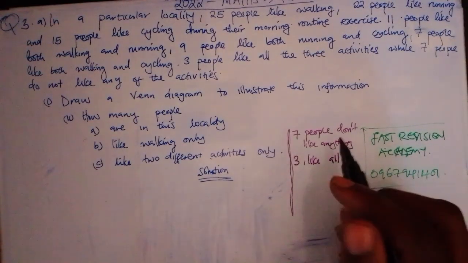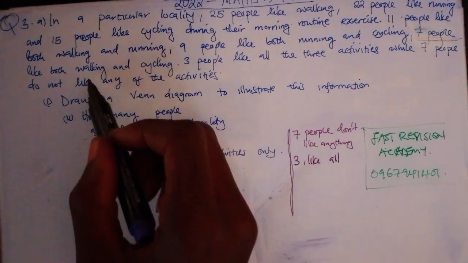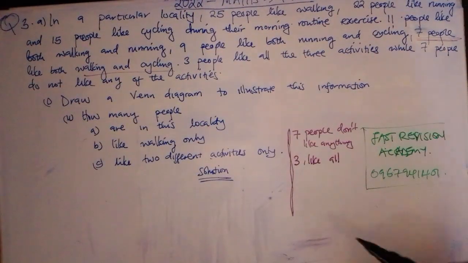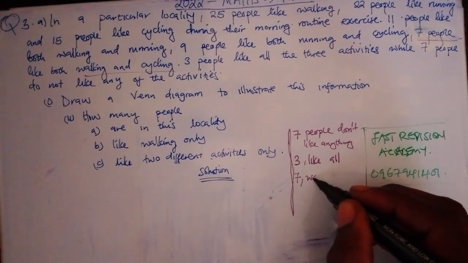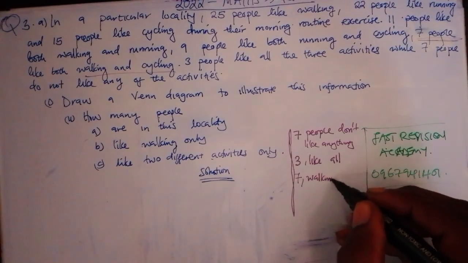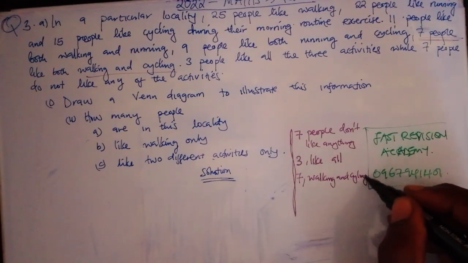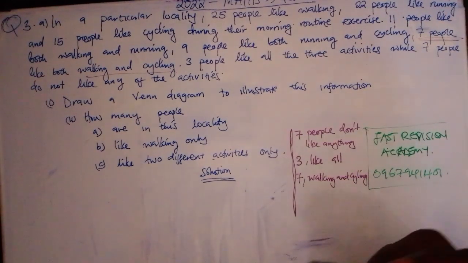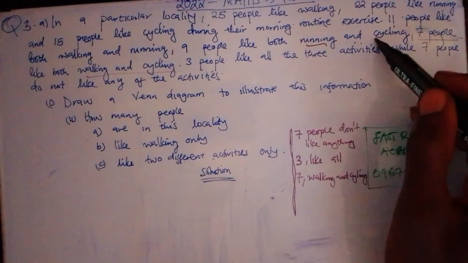Then next we have 7 people who like walking and cycling. Then moving on to our third, we say 9 people like learning and cycling.